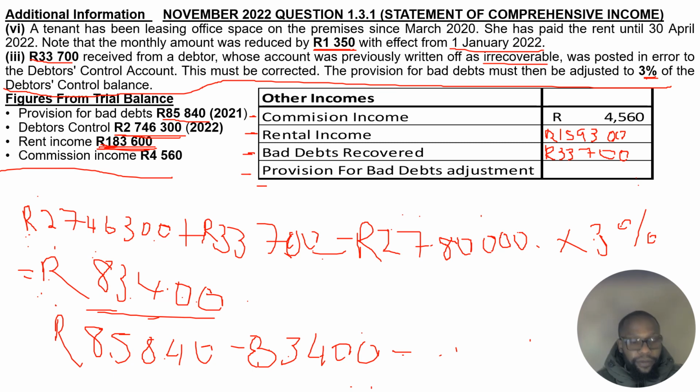It's 2,440. Our provision is 2,440. Then we put our 2,440 there. So let's add our other incomes.